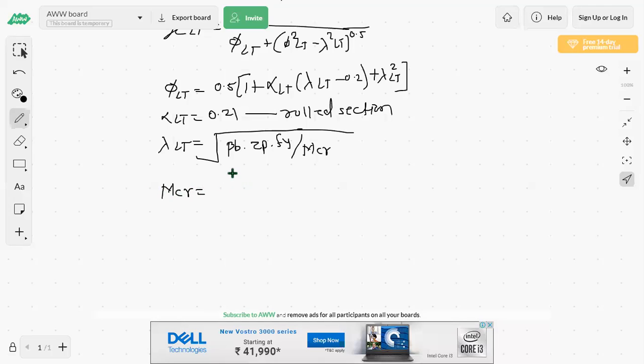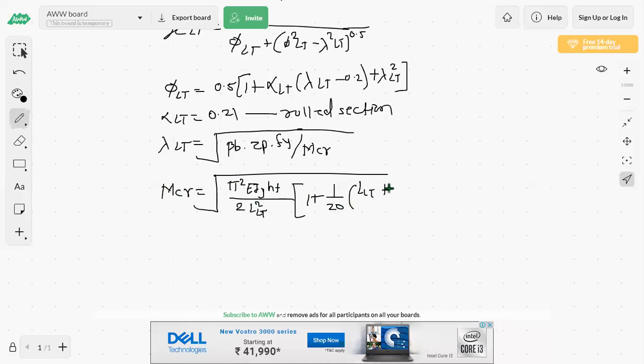MCR is equal to pi square E IY HF divided by 2 LLT square, in bracket 1 plus 1 by 20 in bracket LLT divided by RY, divided by HF by TF square.